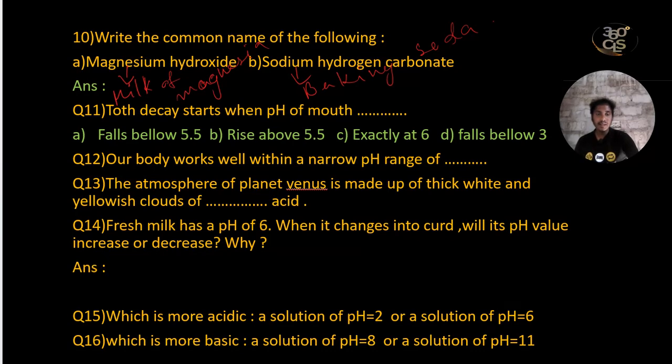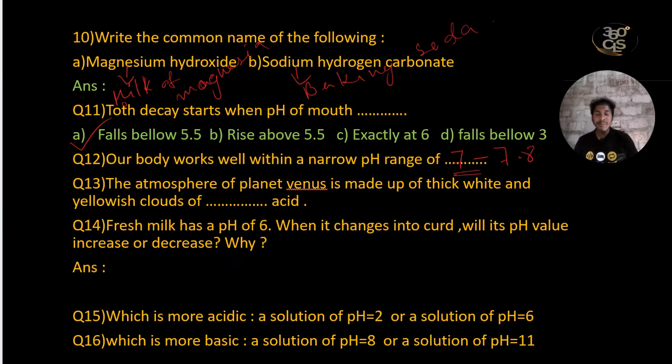Then the next problem is tooth decay. Tooth decay starts when the pH of the mouth falls below 5.5. This is the right answer. Our body works well within a narrow pH range of 7 to 7.8.